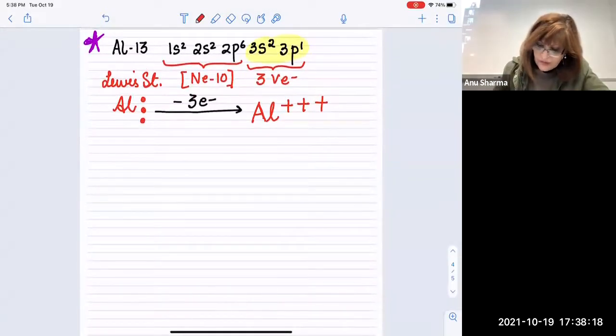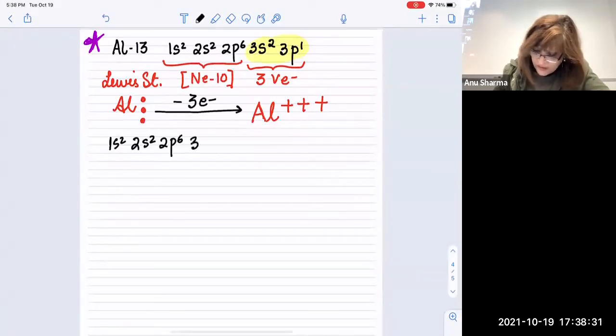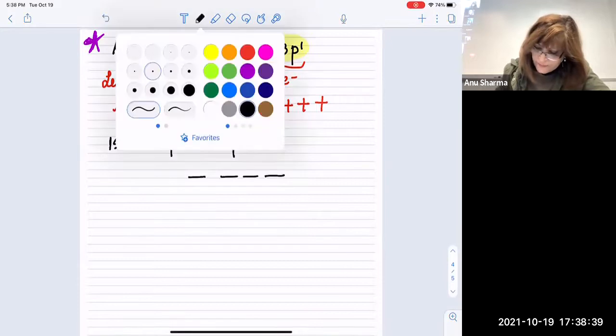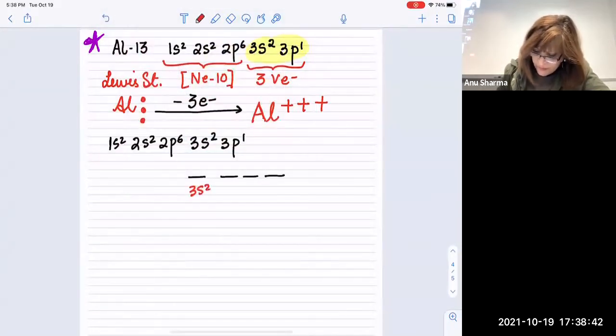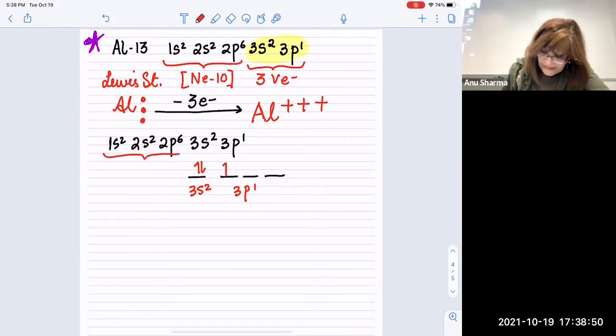Now, here's the thing with aluminum's noble gas configuration. If you look at it, 1s2, 2s2, and 2p6, then 3s2 and 3p1 are like this, 1, 2, 3. The inner core is, like I said, that of neon, 10.